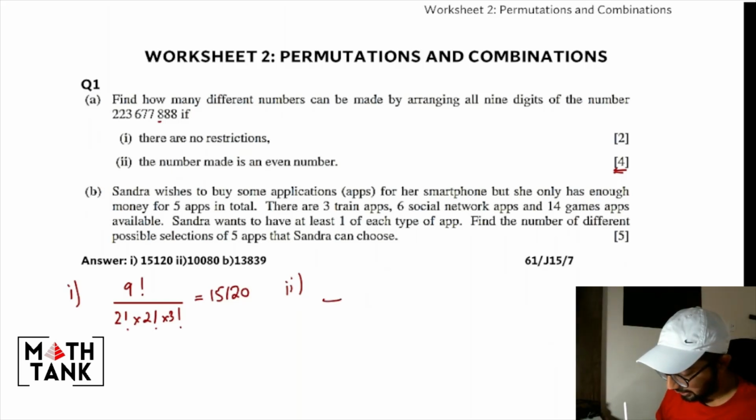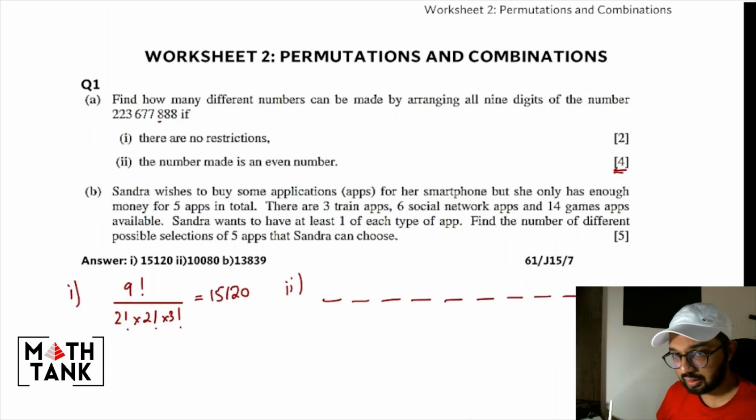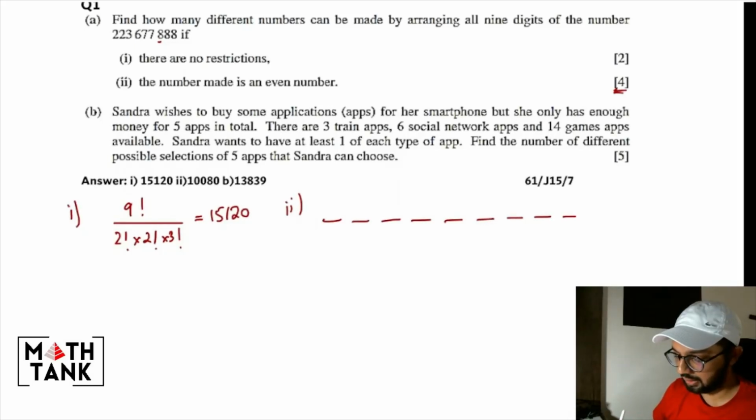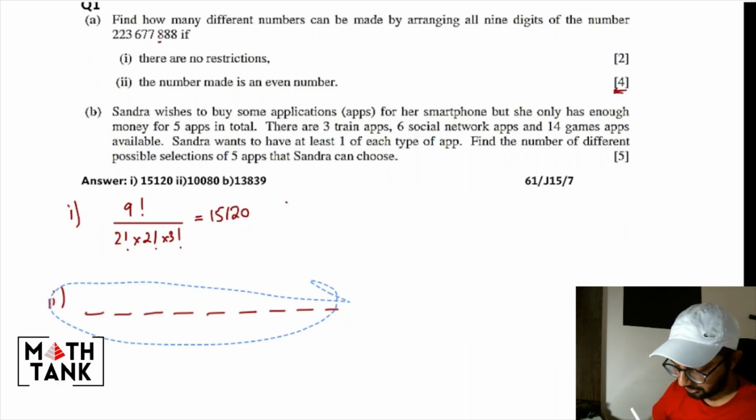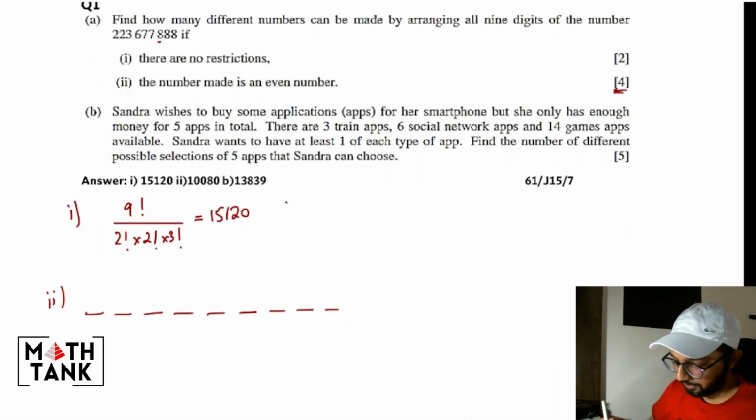So I'm going to say that 1, 2, 3, 4, 5, 6, 7, 8, and 9. Let me just place that here so that's easier to see. Now what I know is that there's a restriction on the last digit. So can I say that the last digit could either be 2 or 6 or 8?